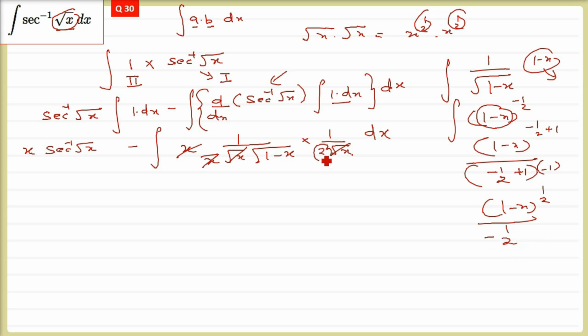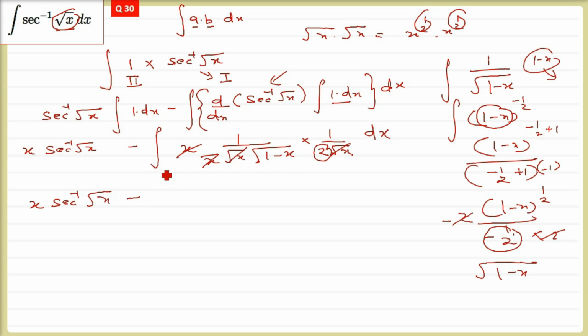This 2, which is in this term, and what I showed you of the integration of 1 by under root 1 minus x, this minus we will keep like that, but this 2 and the half which is in the denominator get cancelled, because half will go up and 2 is already in the denominator. So we are dealing with a negative, which I will make positive. x sec inverse under root x has already been done.